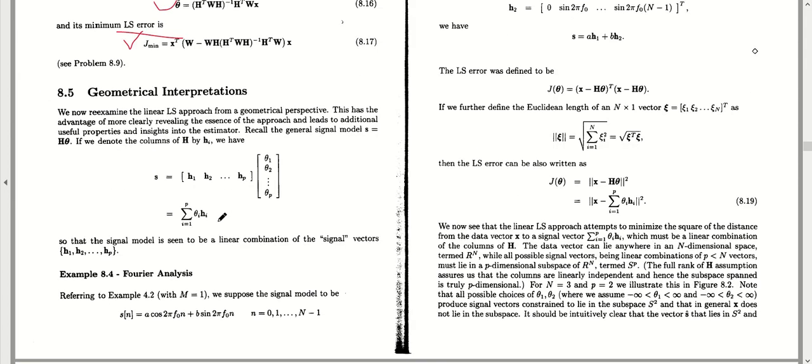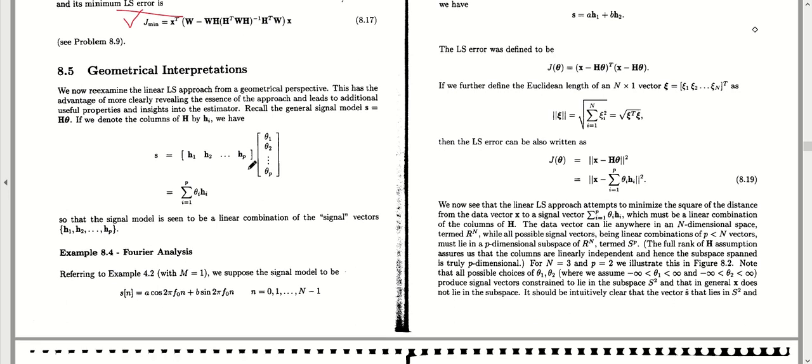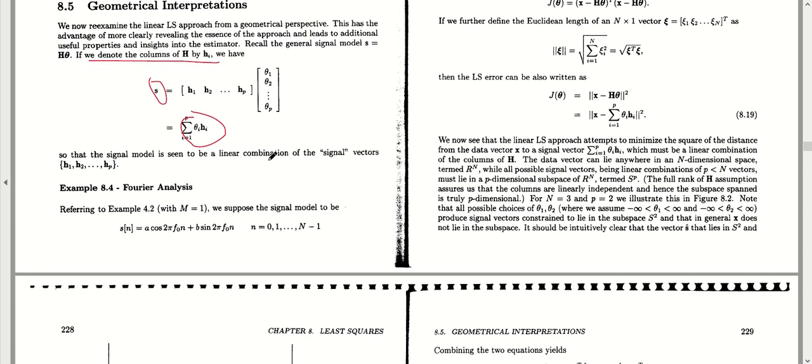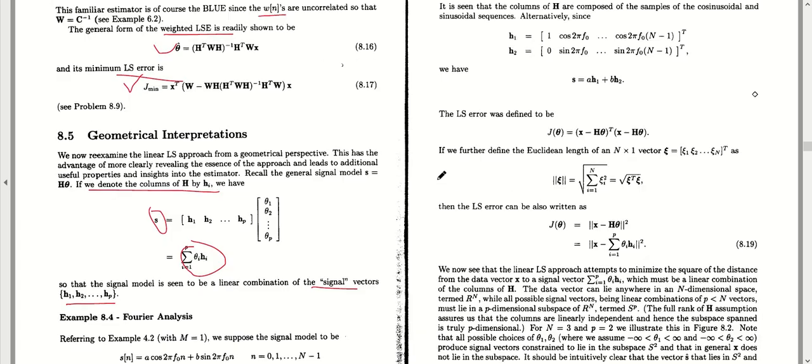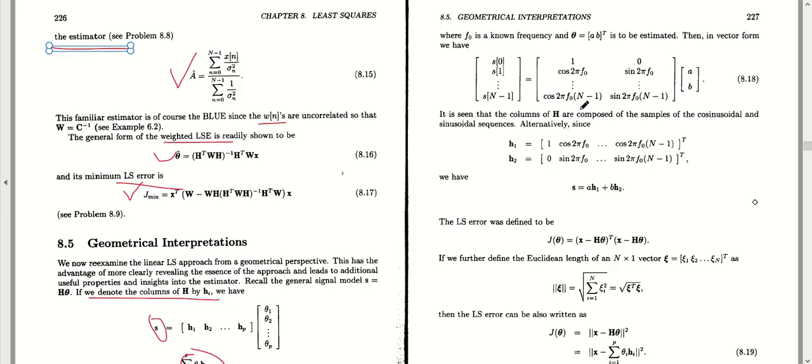Then this geometric interpretation: if we denote the columns, we write down its columns, and S can be written in this form. So its interpretation is we think of these as the signal vectors H. For example, in Fourier analysis, you want to calculate A and B, but the basis is already known, because they are already defined.